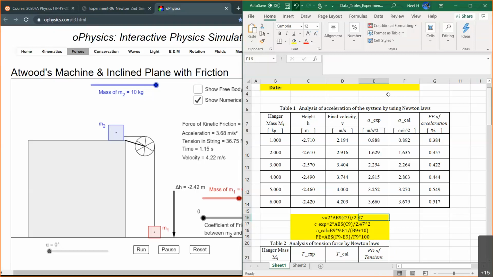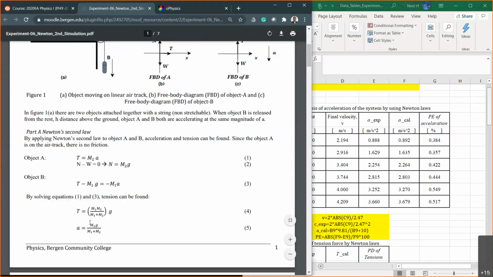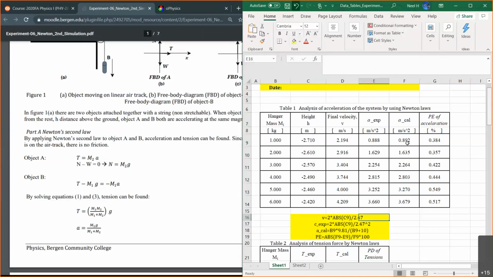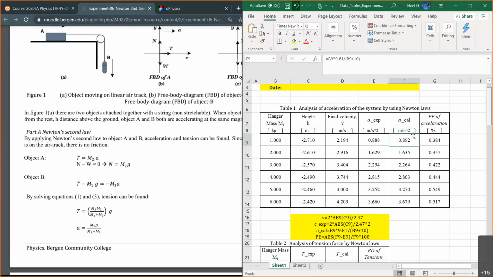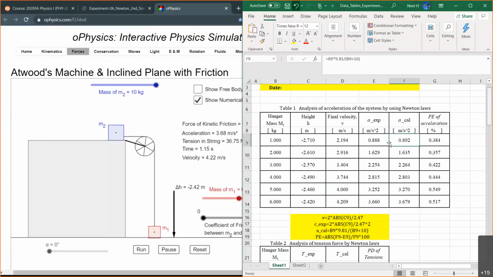However, we can say from the Newtonian laws, what we are expecting is the acceleration, this value, right? So we can say that's the correct value, and we are comparing that to the experimental values. So nothing wrong doing that, but usually in this kind of situation, we can do percentage difference too.